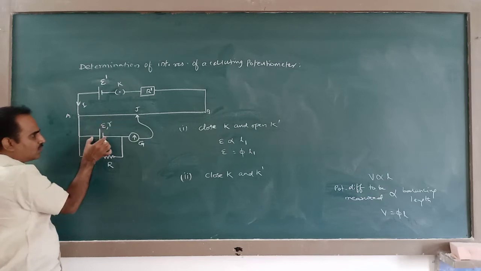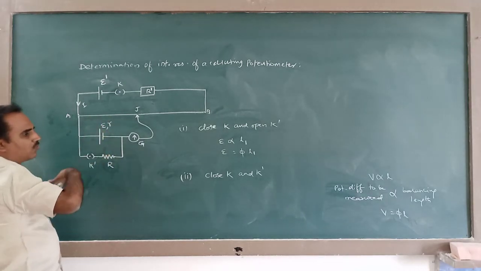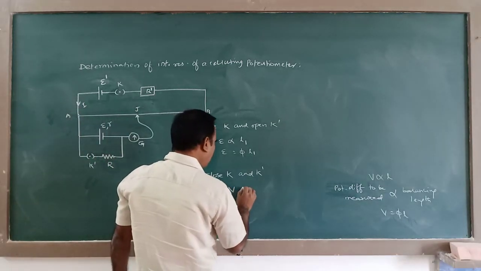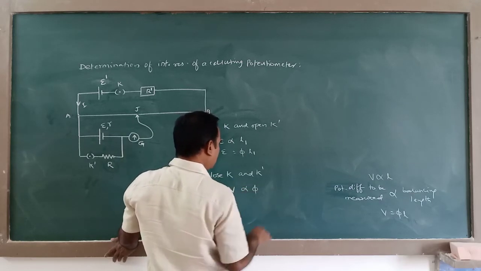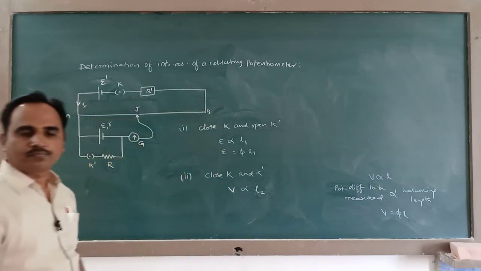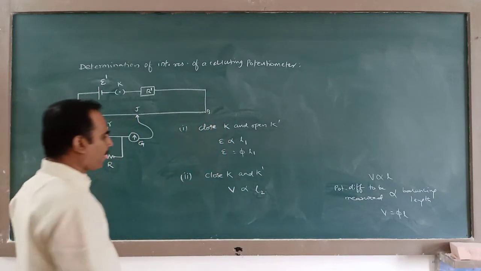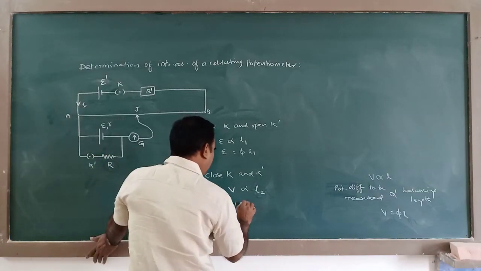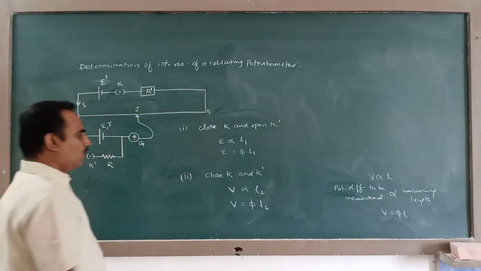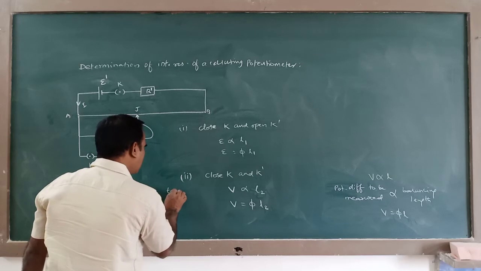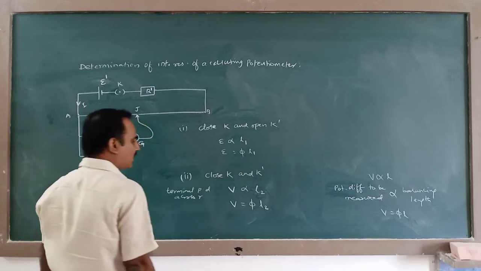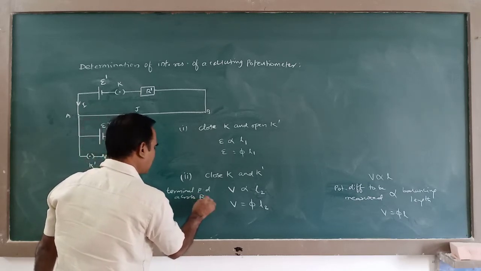When all these potential differences become equal, you will get the balancing point. So this V is proportional to L2, so V is equal to phi L2. What is this V? It is the terminal potential difference across R, capital R, this one.